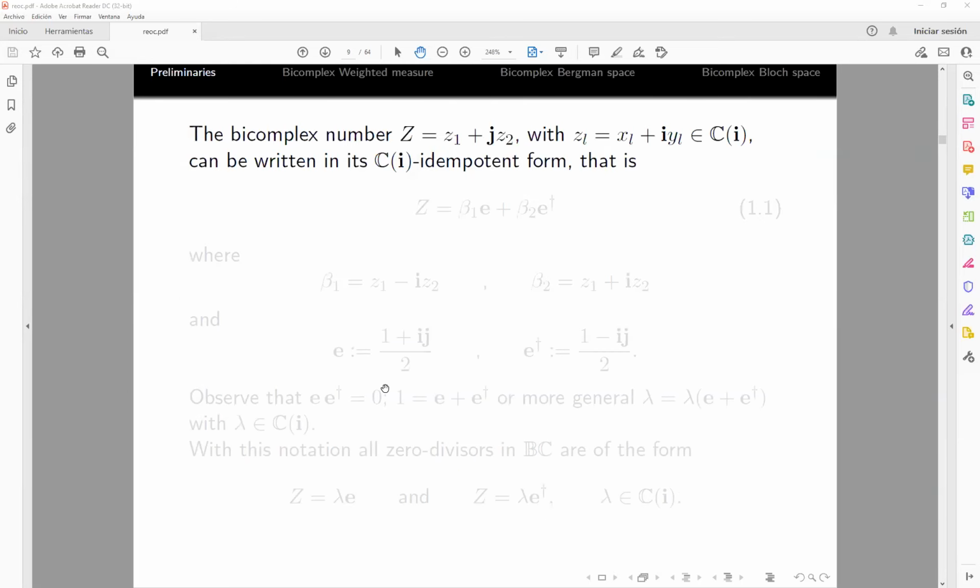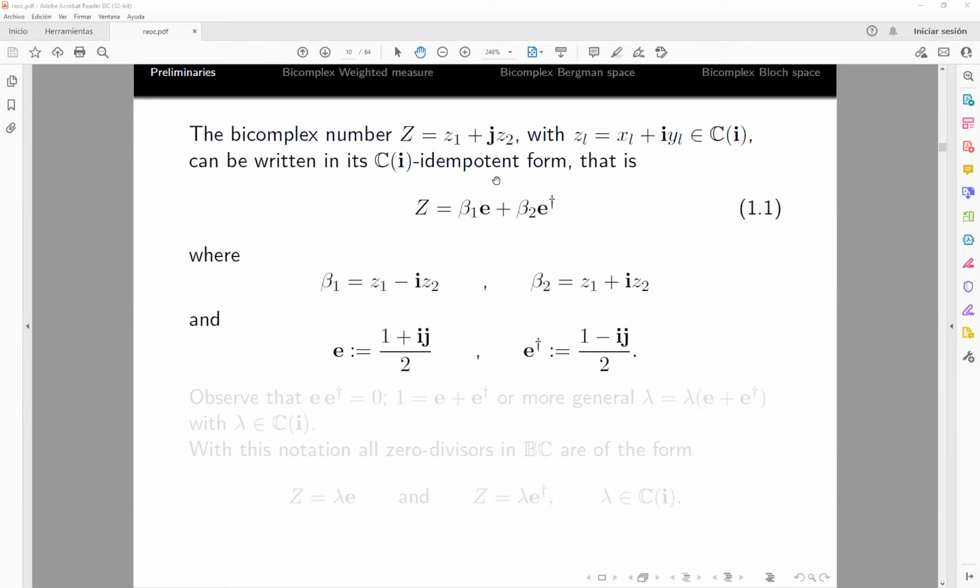It is possible to represent bicomplex numbers in many different ways. At this moment, we will introduce the idempotent form of a bicomplex number.